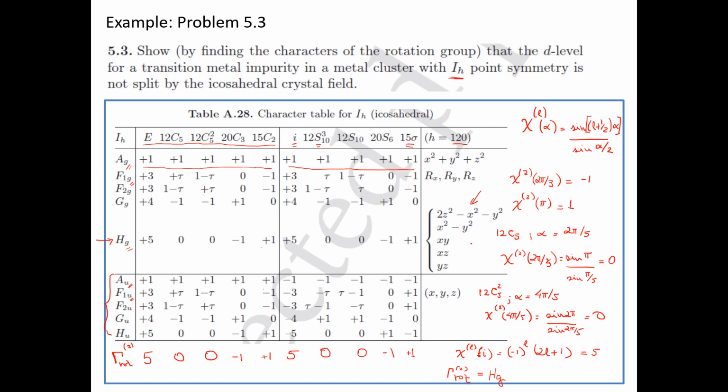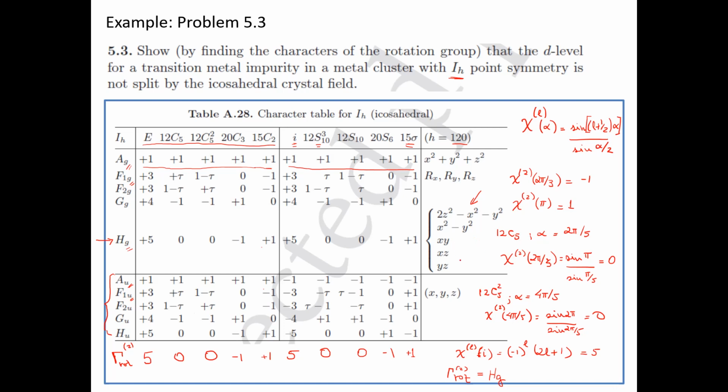You can rewrite them in Cartesian coordinates, and when you do that, you have precisely those combinations of quadratic functions: xy, xz, yz, x squared minus y squared, and 2z squared minus x squared minus y squared.